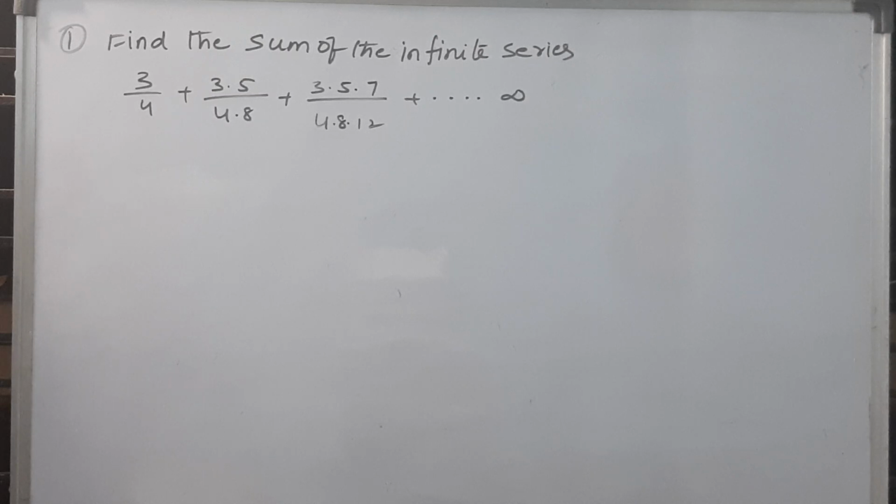See now, find the sum of the infinite series 3 by 4 plus 3 into 5 by 4 into 8 plus 3 into 5 into 7 by 4 into 8 into 12 plus and so on to infinity.